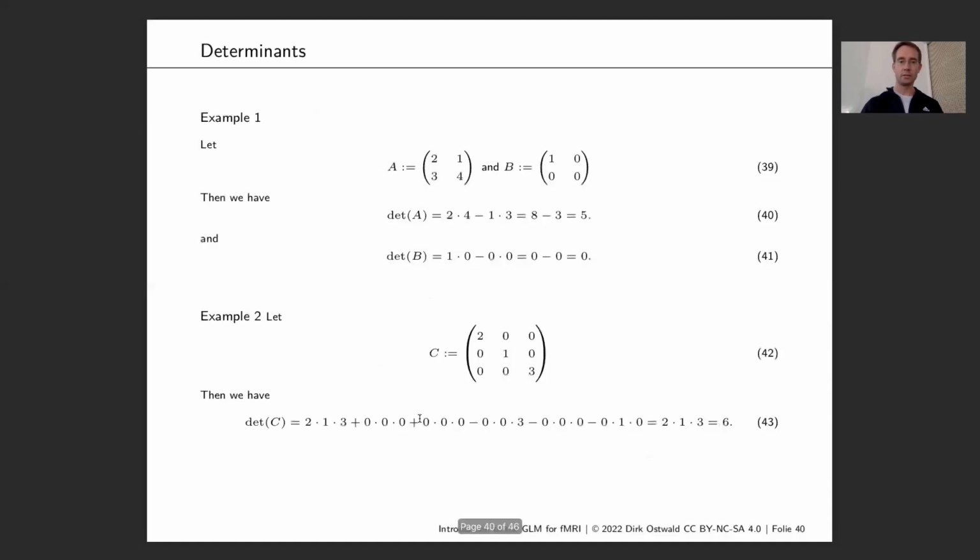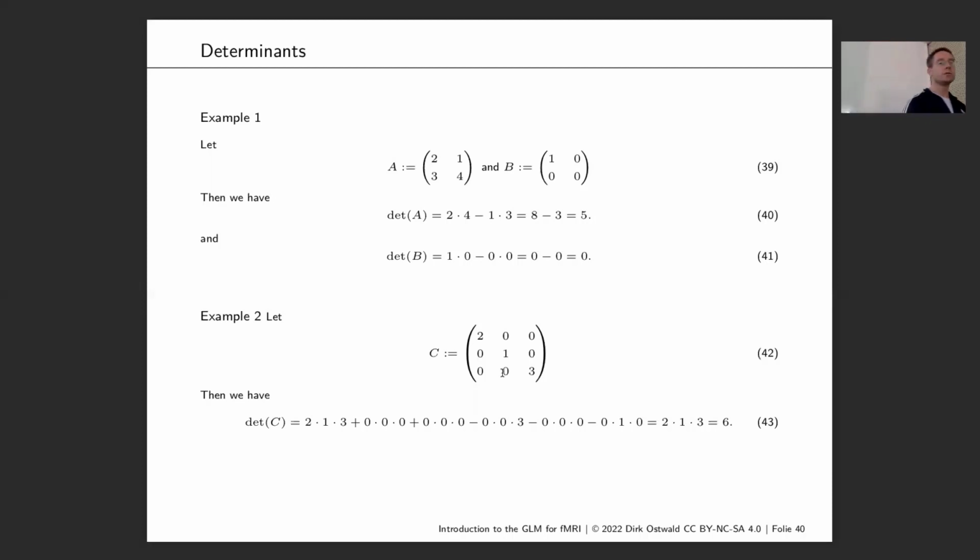So that of course gets quite easy if you have a matrix like this. If you imagine these first 2 columns next to this, whether you imagine them or not, you will get zeros anyway. So here you have 2 times 1 times 3, that's the first diagonal, and then you have 0 times 0 times 0, and then you have 0 times 0 times 0. So you only get what you have here in the first place, and everything else gets to 0.